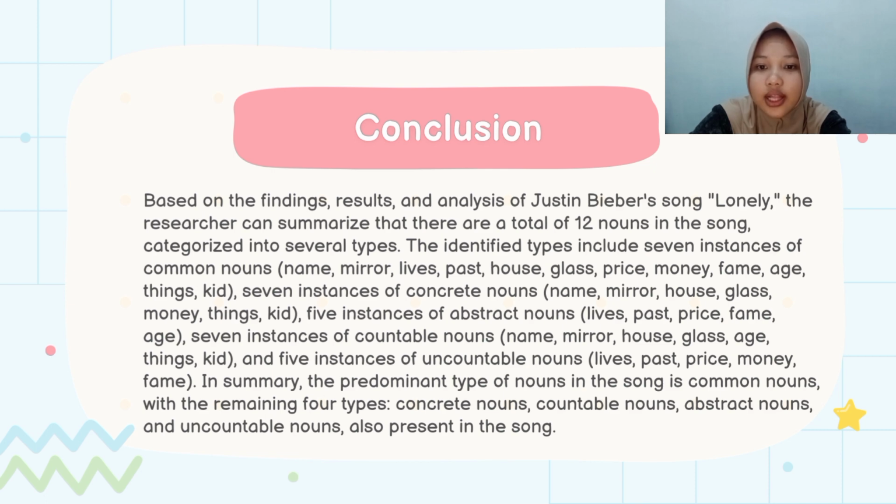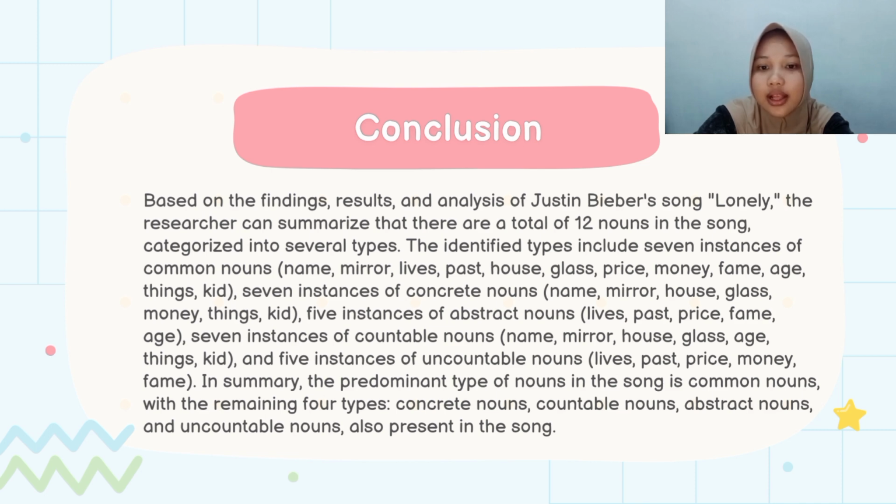The identified types include 7 instances of common noun: name, mirror, life, face, house, glass, price, money, fame, egg, things, kid. 7 instances of concrete noun: name, mirror, house, glass, money, things, kid. 5 instances of abstract noun: lights, fast, fries, fame, egg.